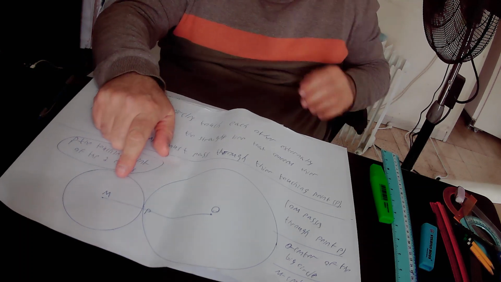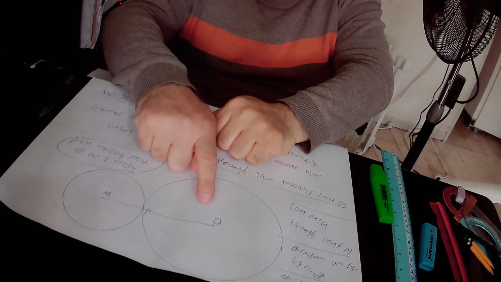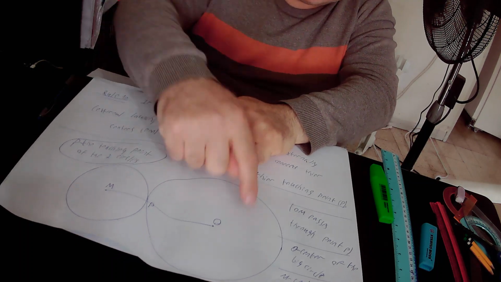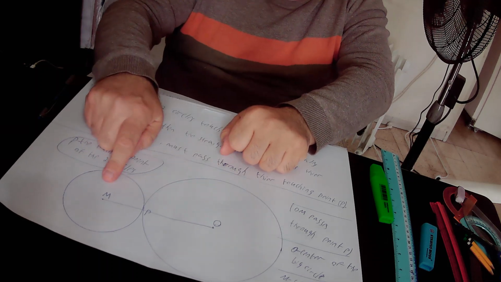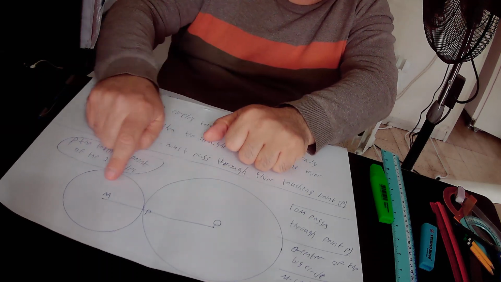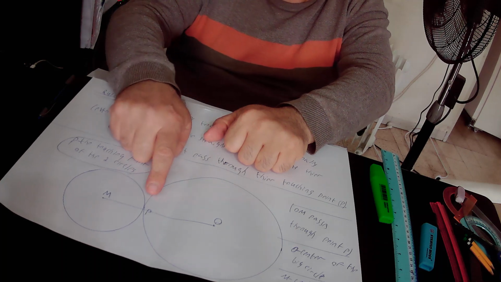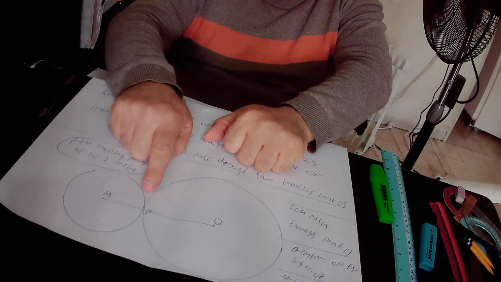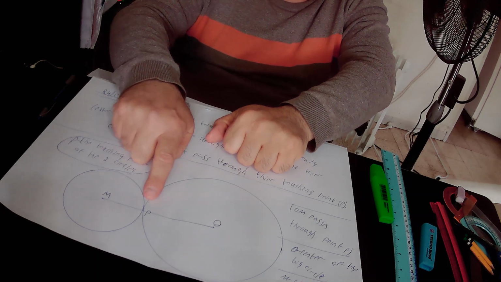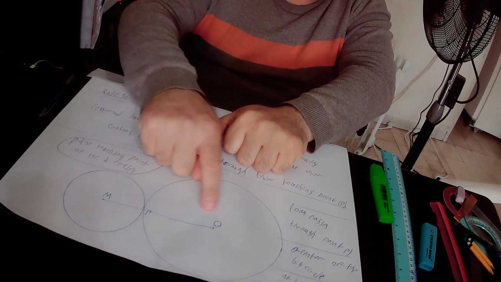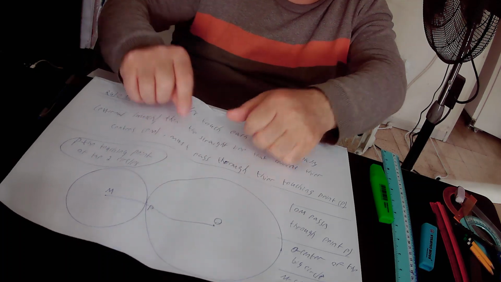The center of this small circle is point M. The center of this big circle is point O. And the straight line that connects the centers together is of course the straight line MO. The straight line MO must pass through their touching point, point P. Or MPO is one straight line.